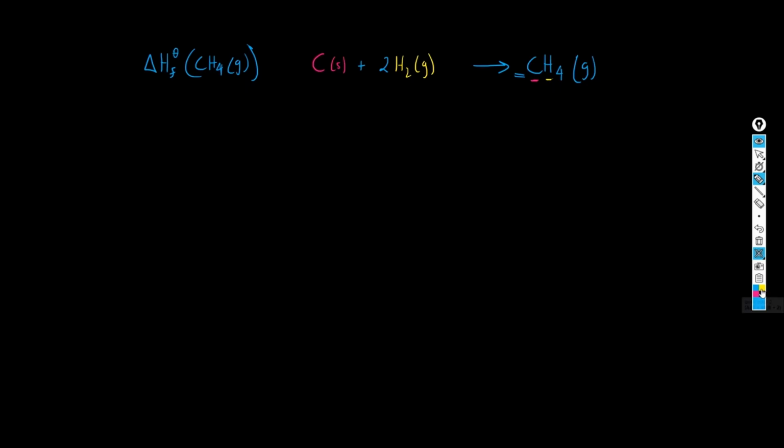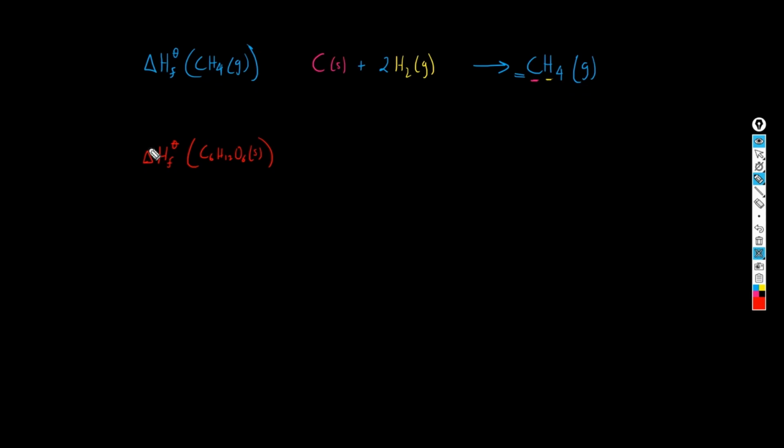We could also be asked to do this for more complex compounds. So let's say we're asked to do this for the standard enthalpy change of formation of glucose. Glucose is C6H12O6 and it's a solid at room temperature.